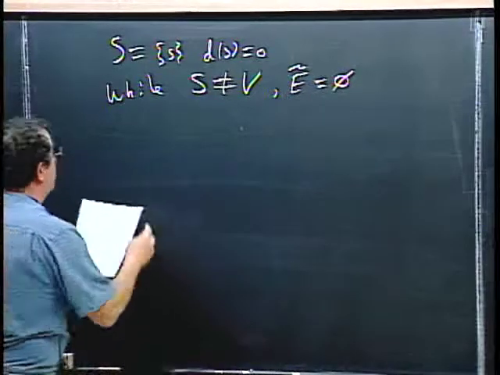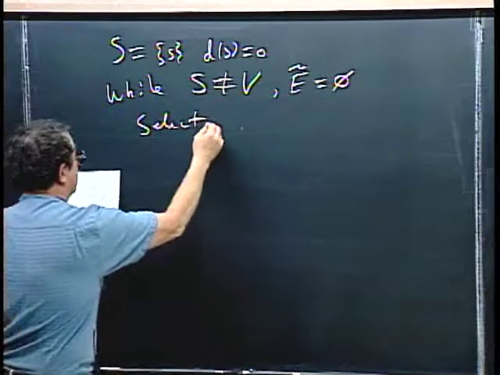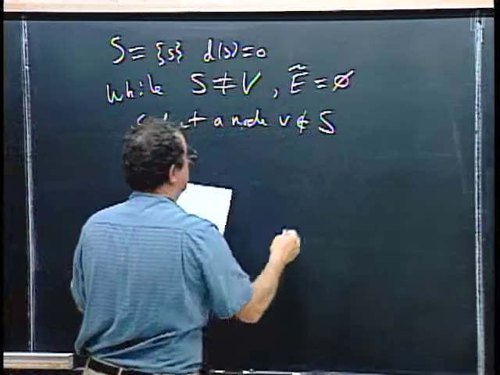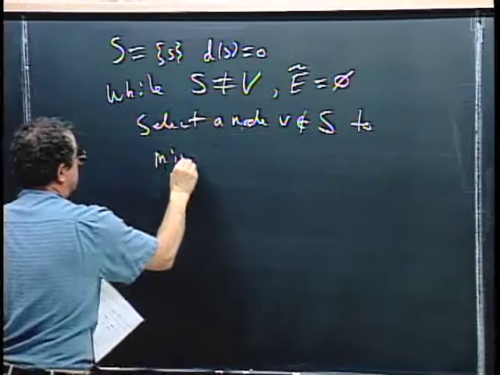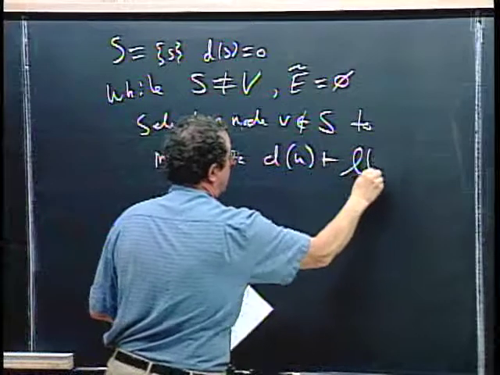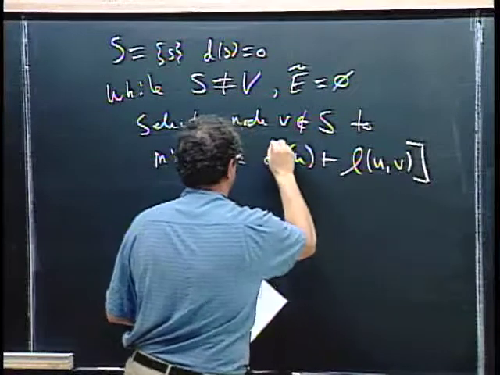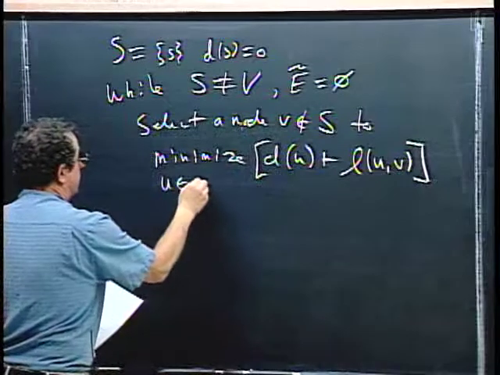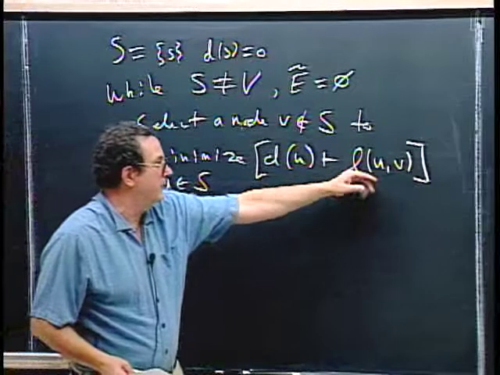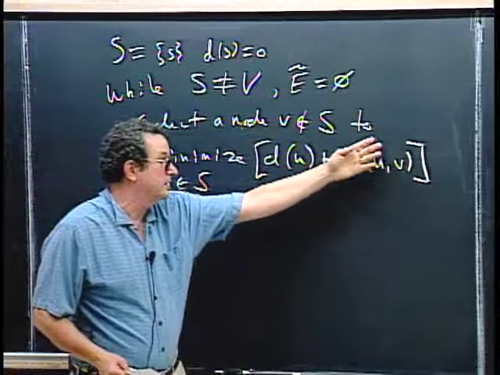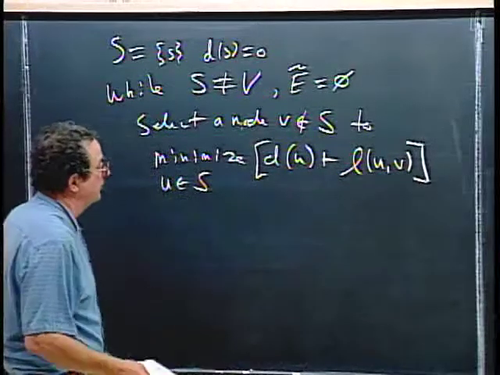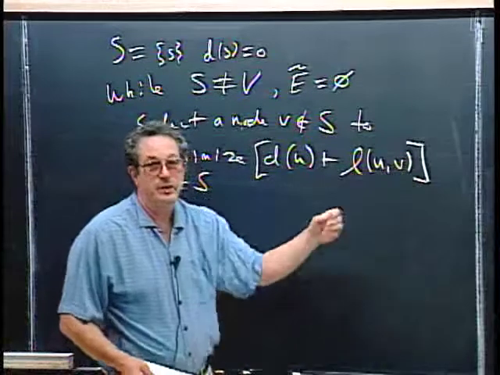Then we're going to select a node V that's not in capital S to minimize d of u plus L uv, where u is in capital S. And remember that if there is no edge from u to v, then this is set to infinity. So those edges are not really going to be part of the consideration. Those pairs of nodes where there is no edge from u to v won't be part of the consideration.